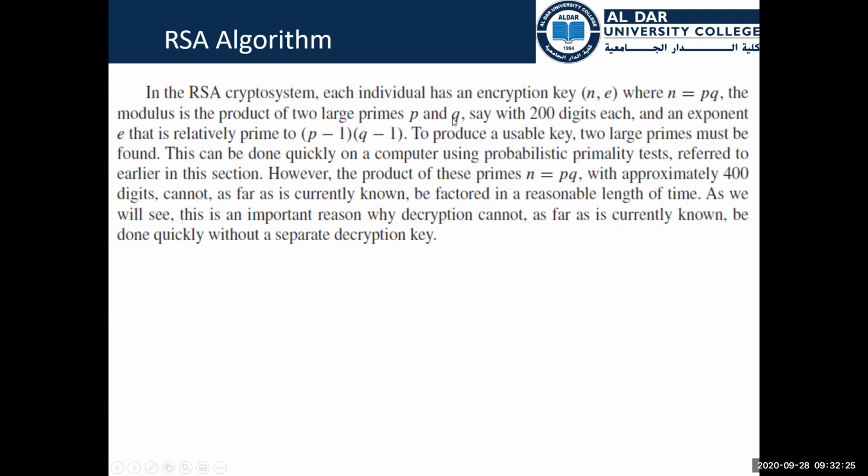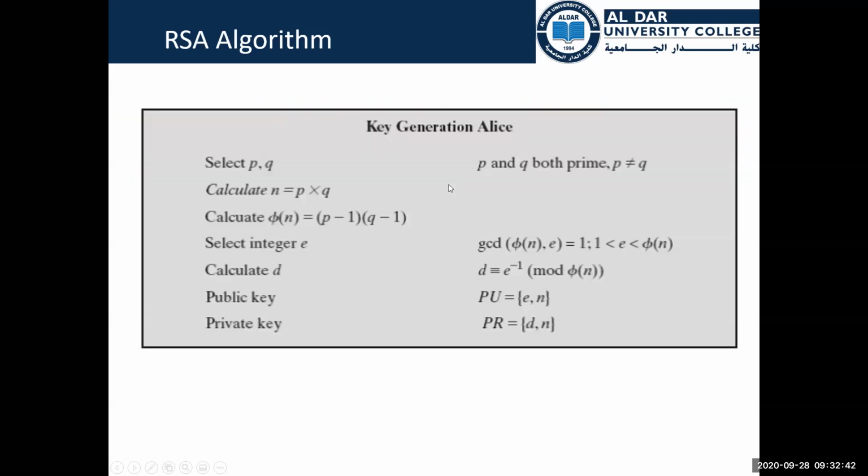The primes must be very large, and e should be relatively prime to p minus 1 times q minus 1. Okay, let's move to an example. This is the algorithm. Remember that Bob wants to send something to Alice, so Alice will do the key generation here.